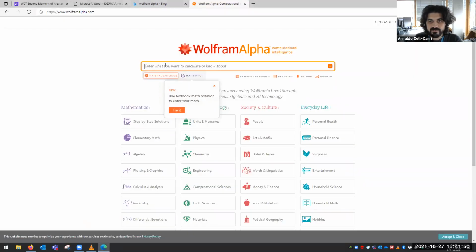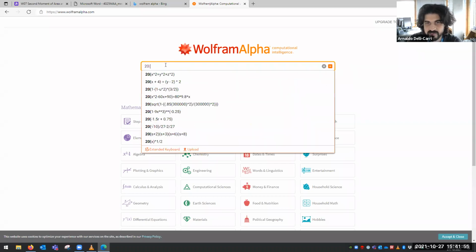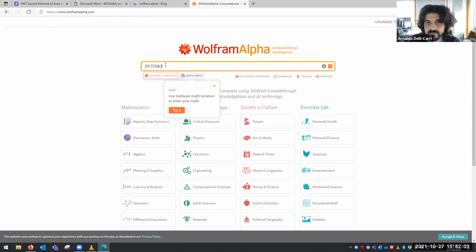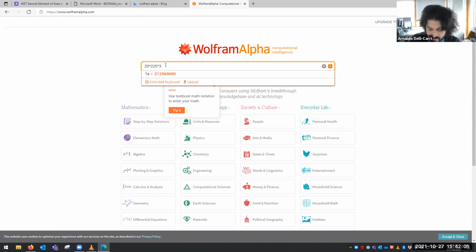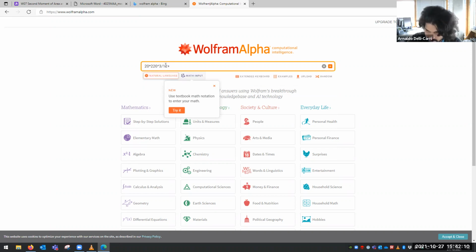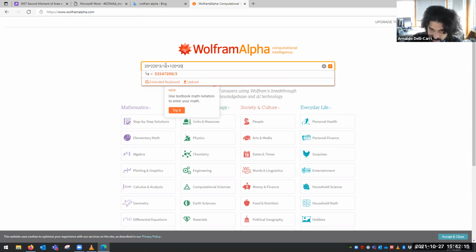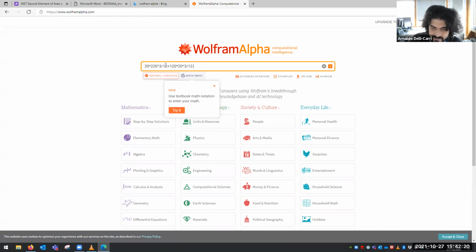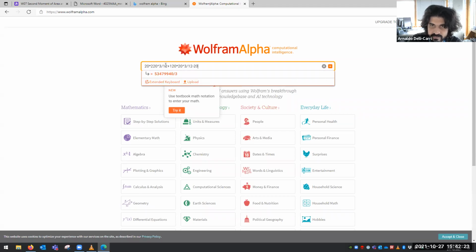So I'll go on Wolfram Alpha and I say that this is 20 times H cubed, which is 220 cubed, divided by 12, plus B, 120 times 20 cubed divided by 12, minus 20 to the power of 4 divided by 12.